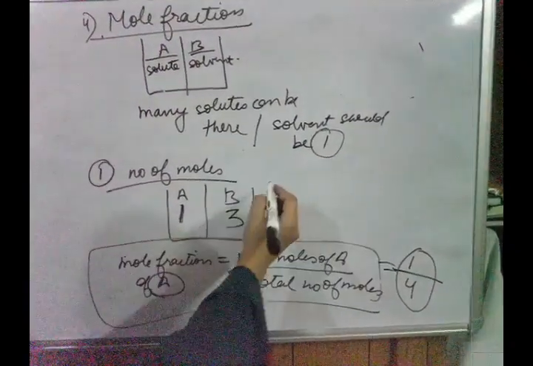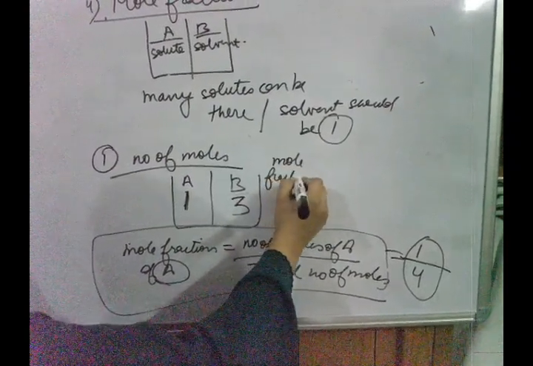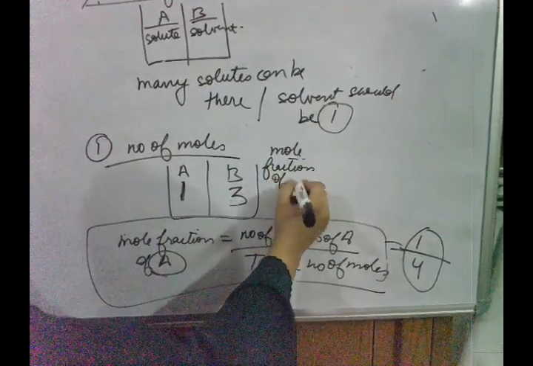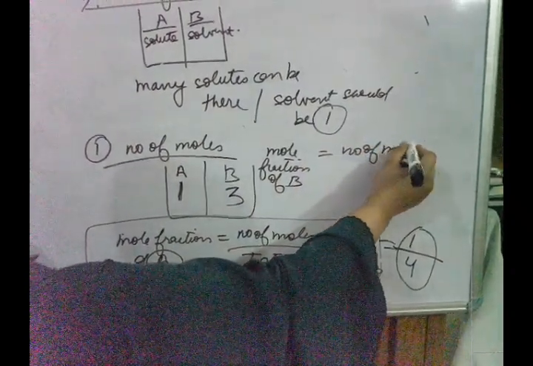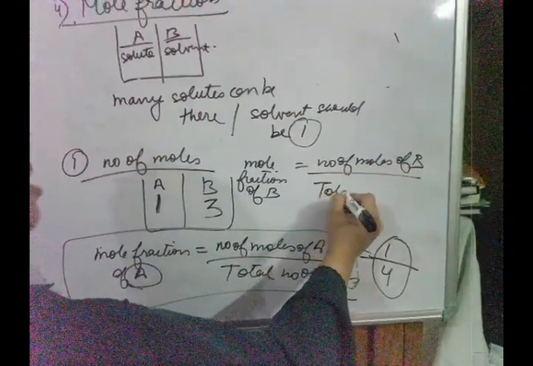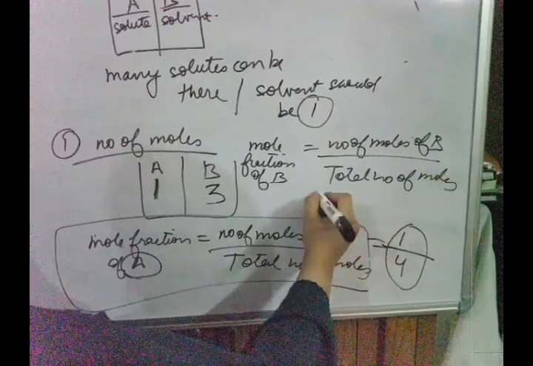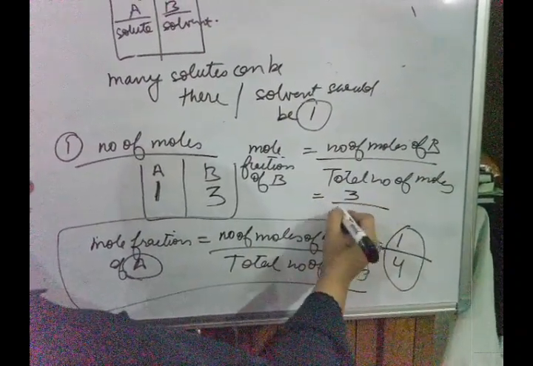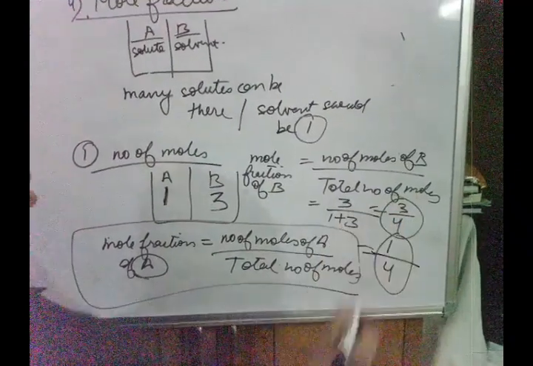And in this question only, if they say to calculate mole fraction of B, so number of moles of B divided by total number of moles, that is 3 by 1 plus 3 again, that is 3 by 4.